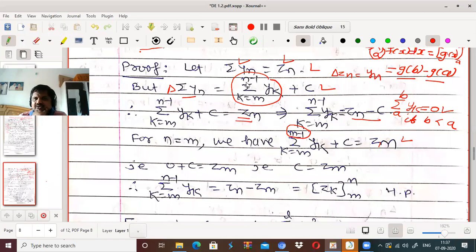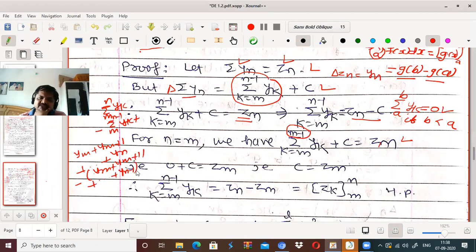So put n equal to n plus 1 minus put n equal to n. So the first summation will come, plus summation k from m to n of yk minus summation k from m to n minus 1 of yk, plus delta of the constant, which is going to be zero. So summation k from m to n minus 1 of yn means the terms ym plus 1 plus up to plus the last term yn, minus again starting from ym plus 1 up to plus yn minus 1.